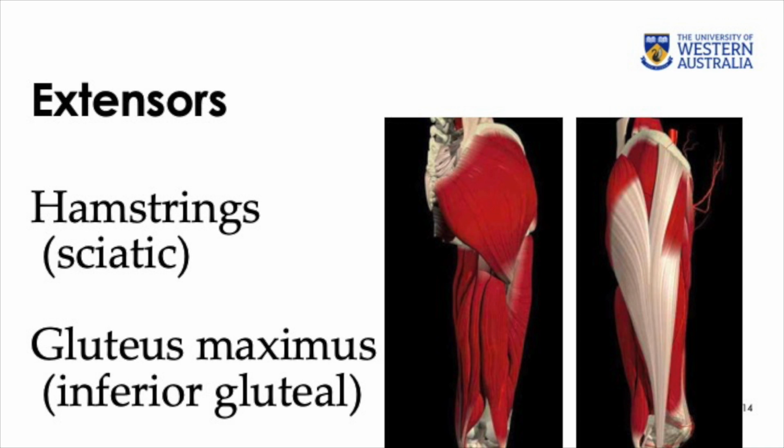In the posterior compartment, we have the hamstring muscles, biceps femoris, semimembranosus, and semitendinosus, which have sciatic nerve innervation. The gluteus maximus also functions as a hip extensor.